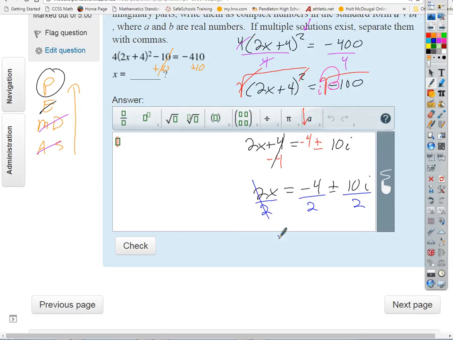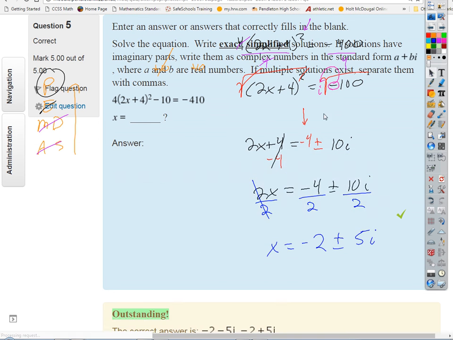And so I get my answer, x equals negative 2 plus or minus 10 over 2 is 5i. So negative 2 plus 5i, negative 2 minus 5i. And we got it. All right, I'm done.